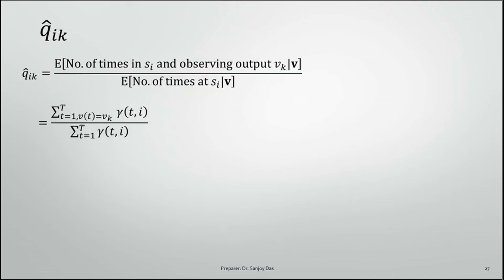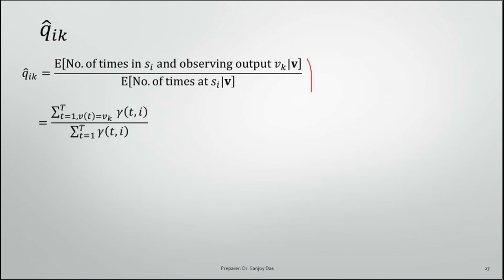Emission probability Qik. That's equal, by definition, to the probability of emitting output Vk given the state is Si. And so that's obtained using this expression here.